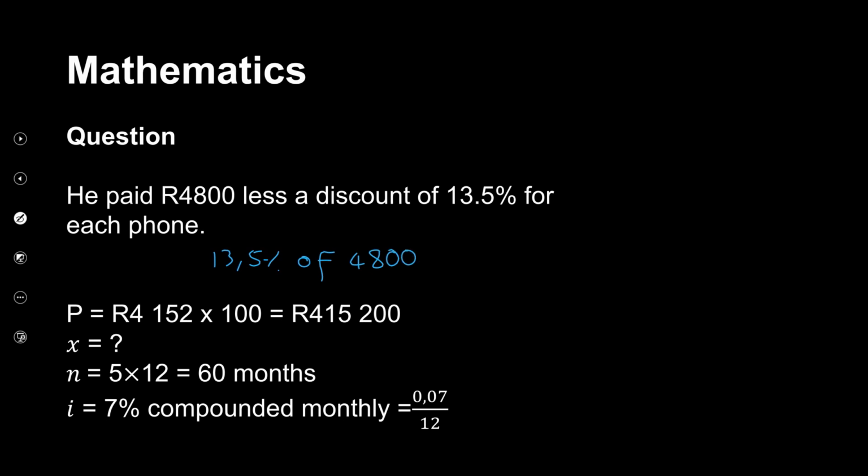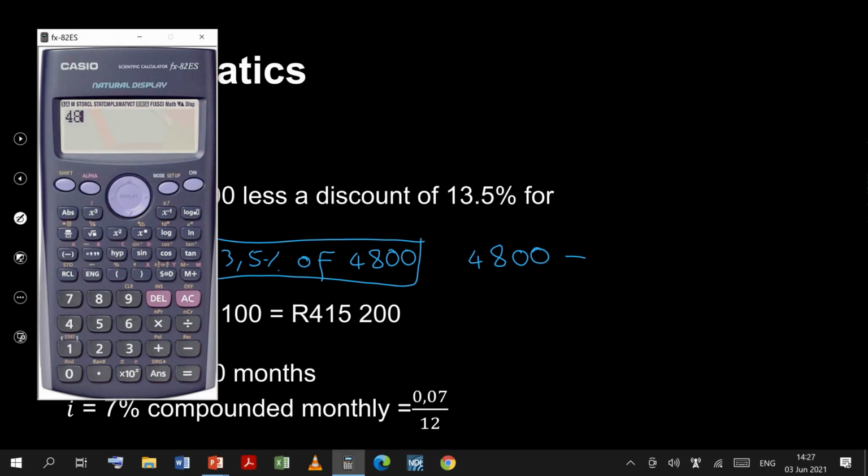And then whatever you get here, you are going to say 4,800 minus this answer that you are going to get there. So this is going to be 4,800 minus 13.5% of that, which is the same as 13.5 over 100.